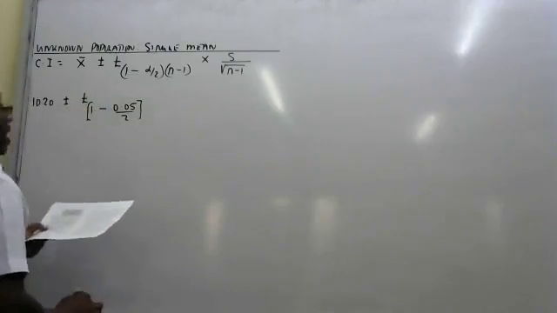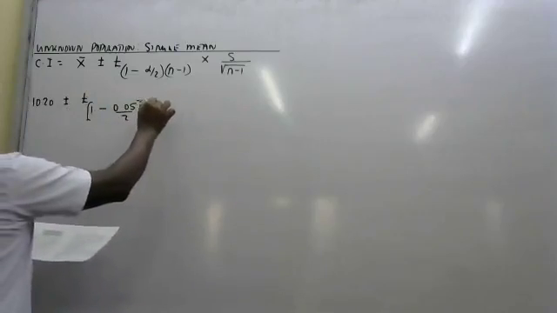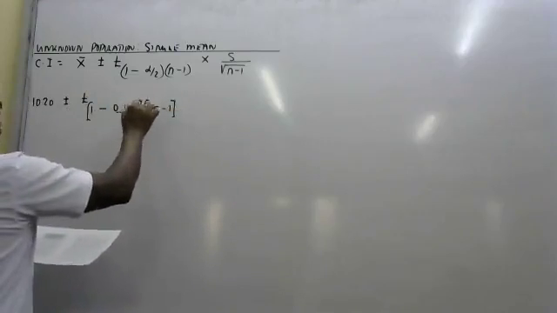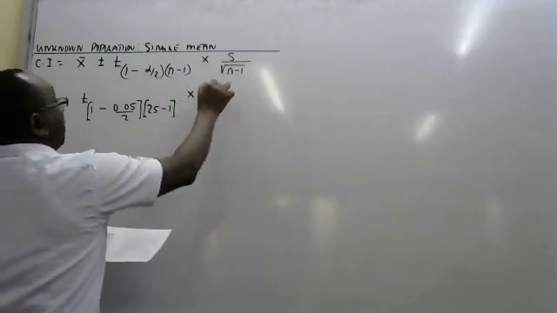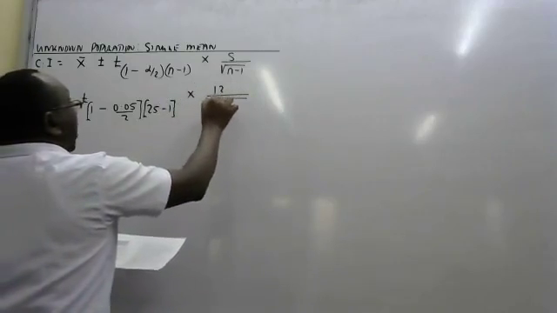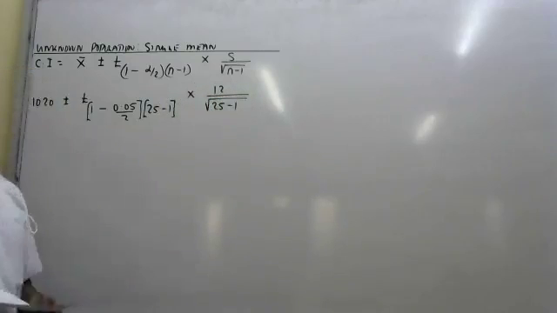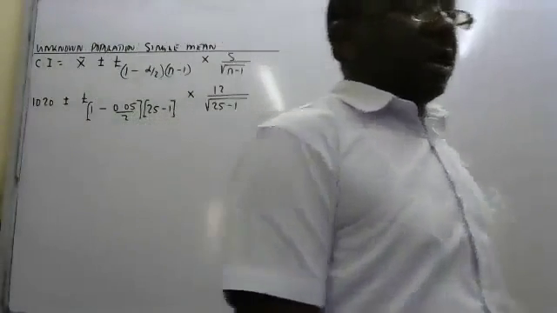N is 25, so 25 minus 1. You multiply by S, S is 12. You divide by the root of 25 minus 1.